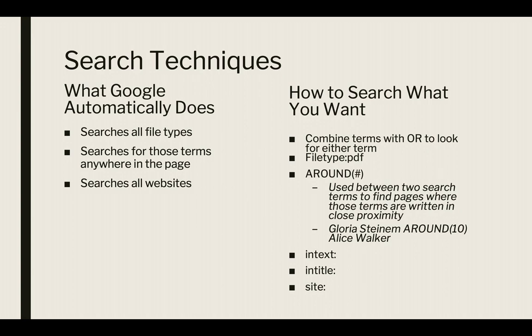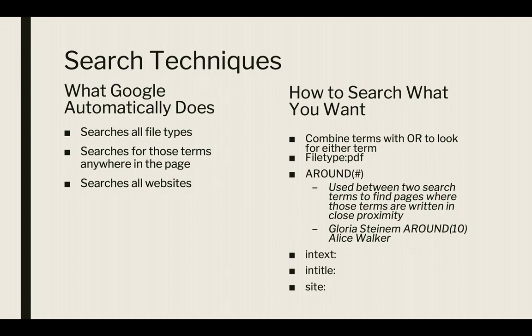And I'm looking for maybe works where they're in close proximity to each other in the writing, because I don't want Alice Walker just somewhere later down on the page on a list of feminists. I want them to be next to each other or close to each other, because that's more likely the piece is actually talking about the relationship between them.